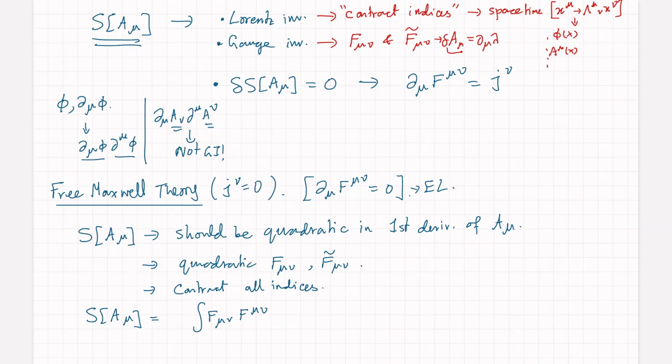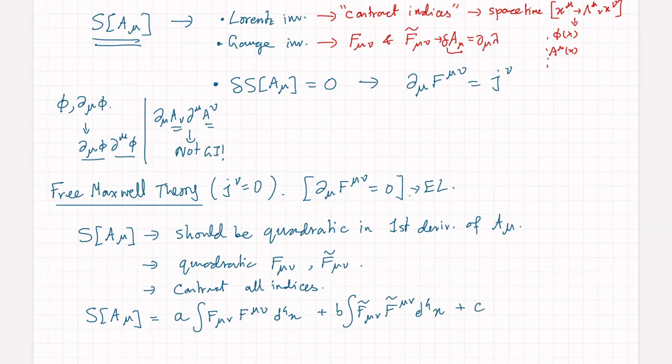So you have this quadratic that you want to consider. You have one option, which is F_mu nu contracted with itself, and I can integrate over that. I can put some completely arbitrary constant in front of it because I don't know yet what number this should be. And of course, I can also do F tilde mu nu contracted with F tilde mu nu, and integrate over this. This also fits the bill, and I put a different constant in front of it.